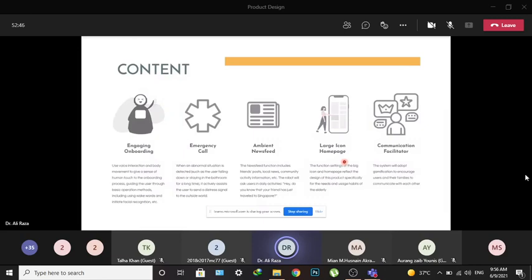Considering these are elderly people, you need to have the size of those icons and all that enlarged as well. So that aspect gets into there. The communication facilitator role needs to be placed on the robot as well. So that is also an important aspect of the user experience. So these were discussed, and quite a lot of different aspects were discussed as well.